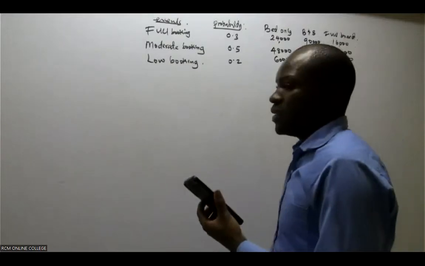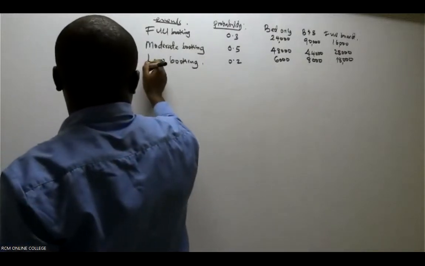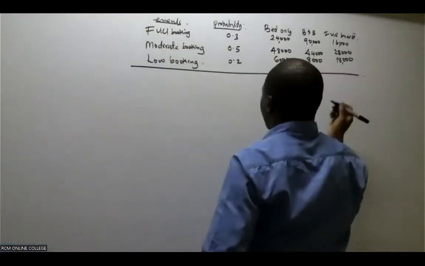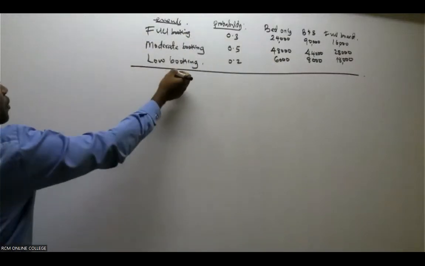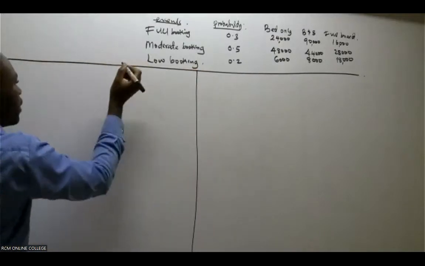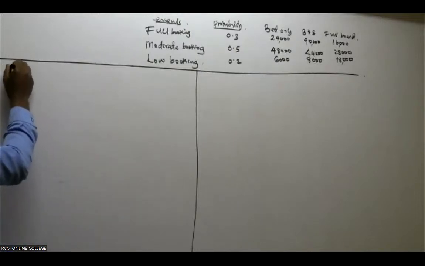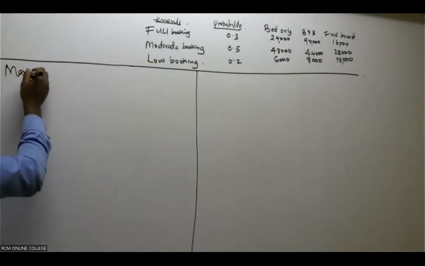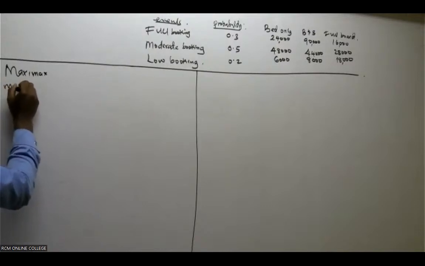Is it possible we try looking at all of them the way we have looked at them? But of course, at the end of the day, we also respond to the interest of the question. For the first one, we are going to look at maximax. So we are maximizing the maximum.